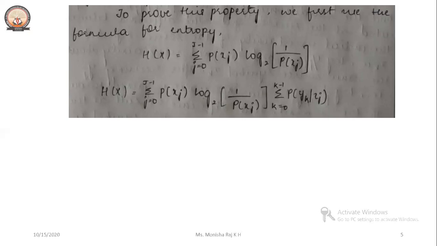This can also be written as H(X) = summation j = 0 to J-1 P(xj) into log of 1 by P(xj) to the base 2 into summation k = 0 to K-1 P(yk|xj). Next, by simplifying the above equation, that is summation j = 0 to J-1 into summation k = 0 to K-1 P(yk|xj) into P(xj) into log of 1 by P(xj) to the base 2.